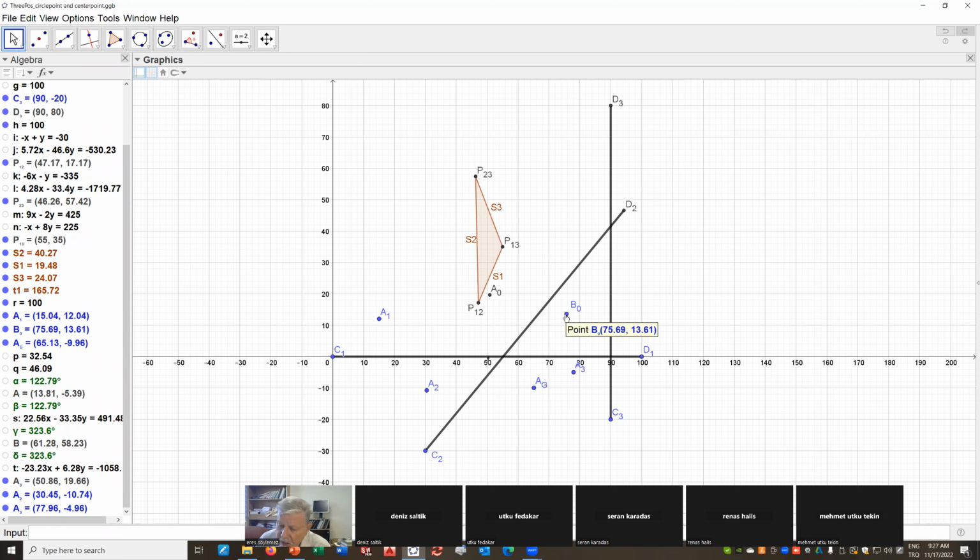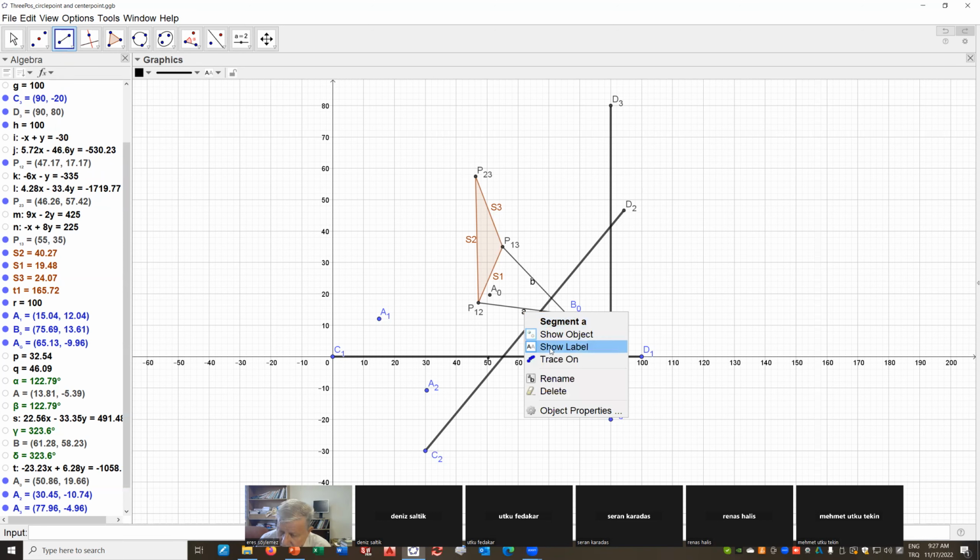Let me determine B1. I will repeat the same process. I will join B1, B0 with P12 and with P13. I don't use those labels, so I'll erase.